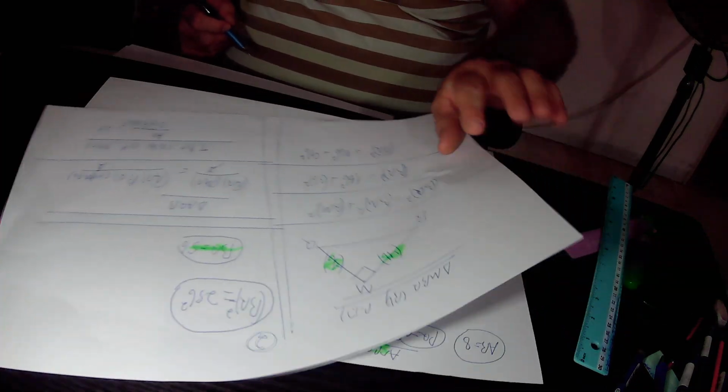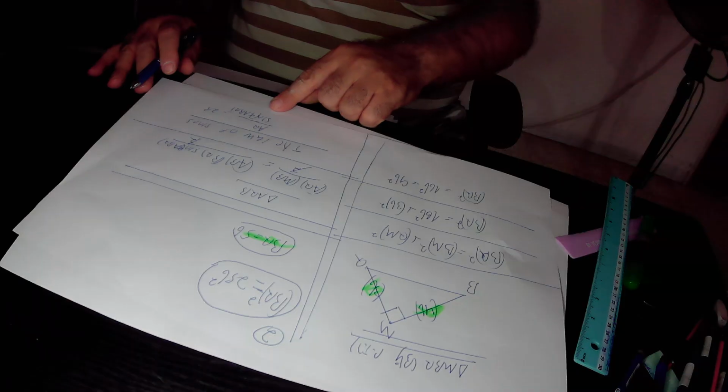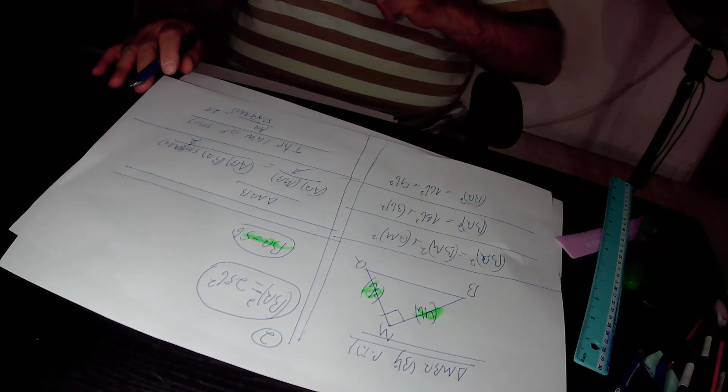So according to the law of sines, AQ over sine angle ABQ equals 2R.